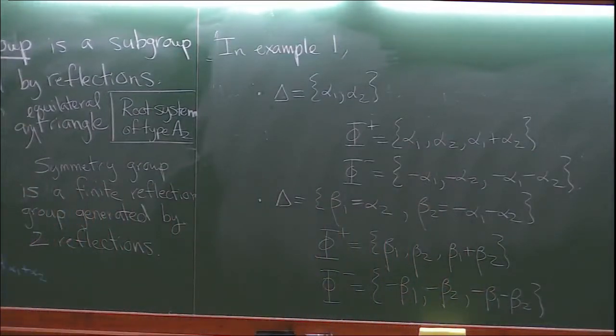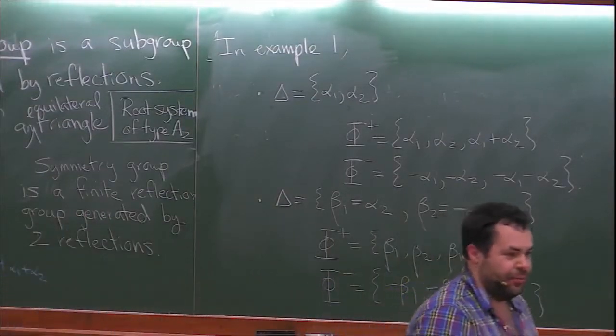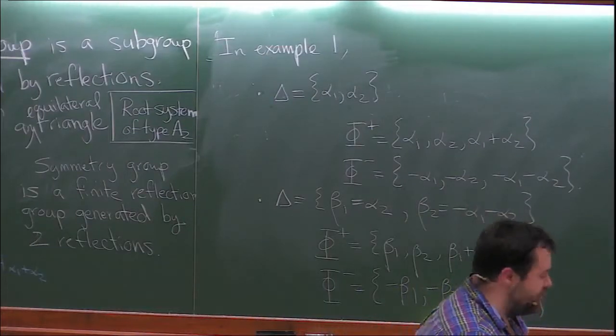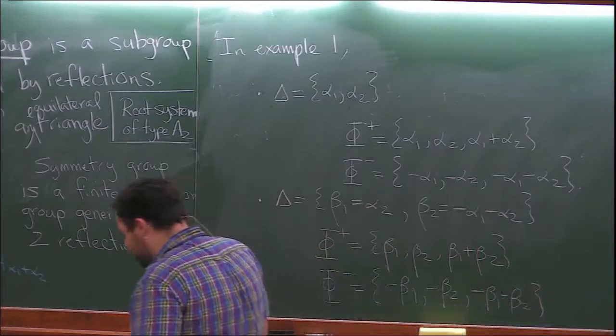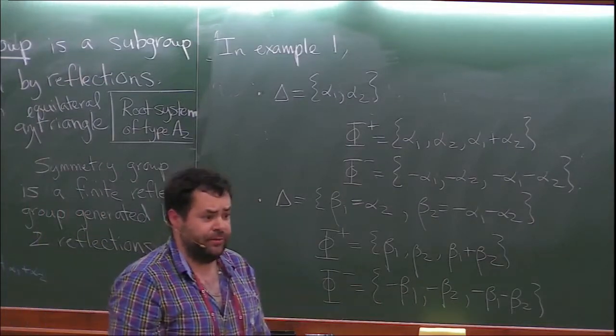Ashish asked me the question about what the Weyl group is in this case, where do the Weyl groups come up? So I want to impose an additional condition on my root systems, which will be called crystallographic root systems. As I said, it's the one where I require the scalar popping up in the reflection to be an integer.